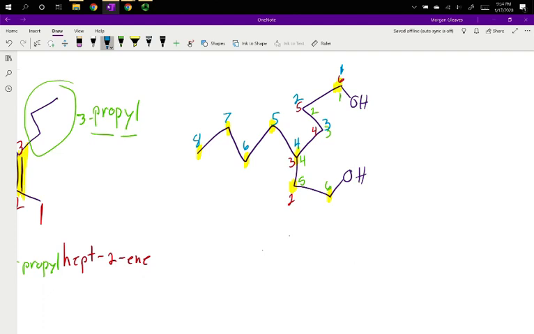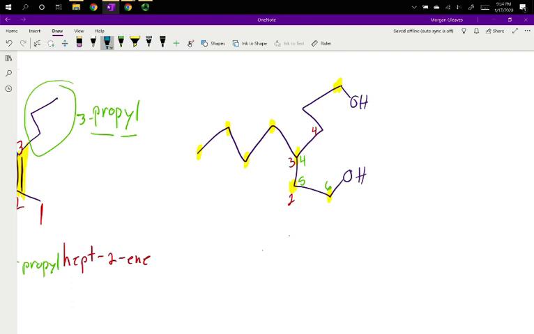But that chain does not include both of my alcohols, and I have to include my functional groups if I can. So even though it gives us a shorter chain, I actually need to go the 6 carbon route that connects my 2 alcohols.